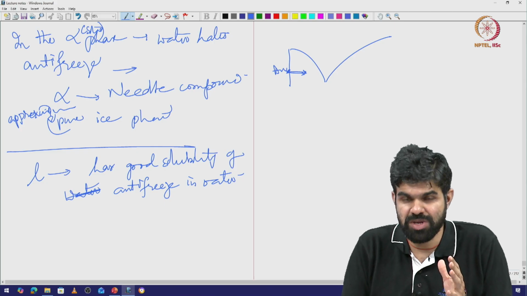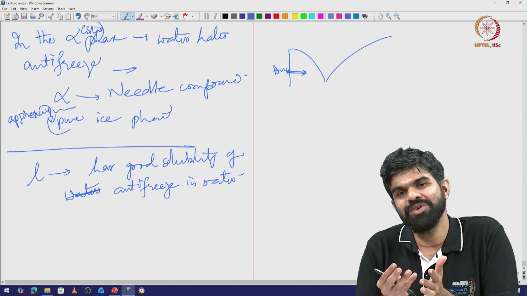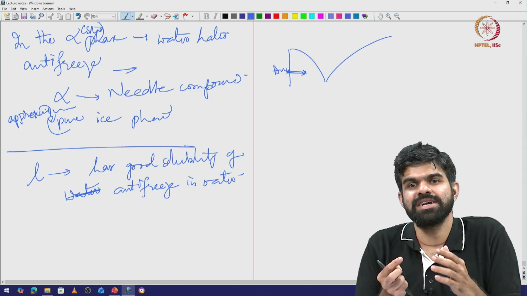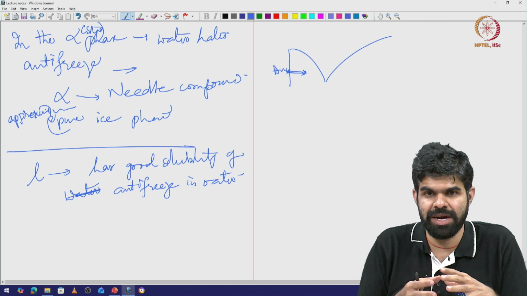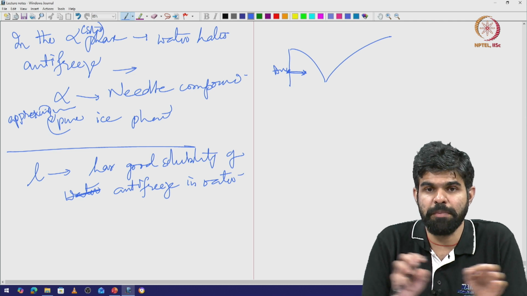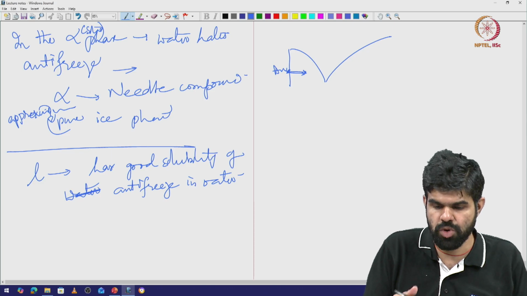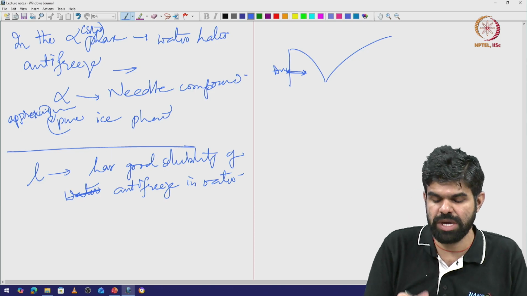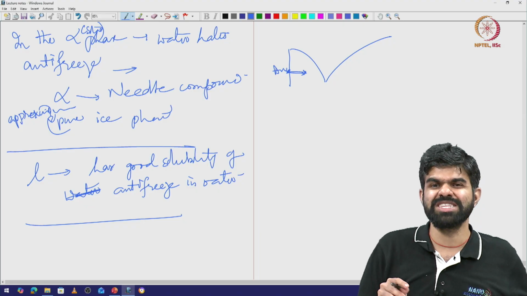Antifreeze wants to stay in a liquid state, so it will reduce the melting point low enough that I am now going to create a liquid of antifreeze and water, rather than a separate solid of antifreeze and solid of ice, okay.